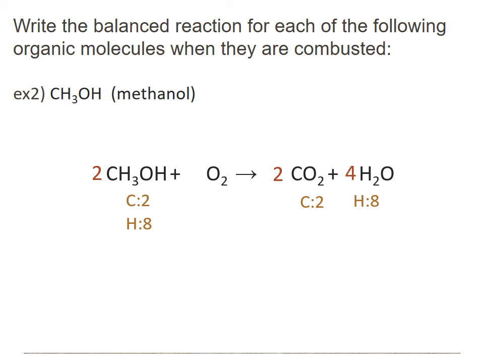Now my total amount of oxygen on the product side equals 8. So that means I need 8 oxygen atoms on the left-hand side. Methanol has already provided 2 oxygen atoms, so I need 6 more coming from the O2. So I place a 3 in front of the O2, and my reaction is now balanced.